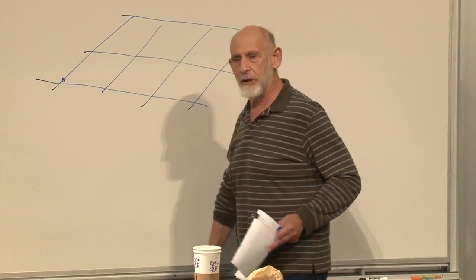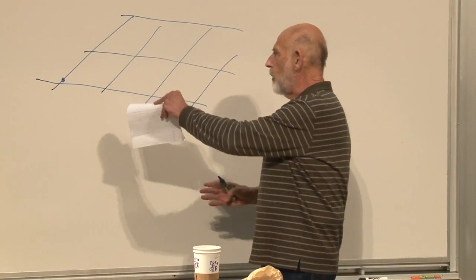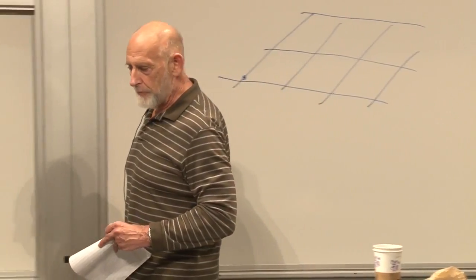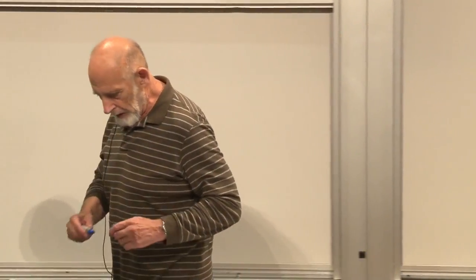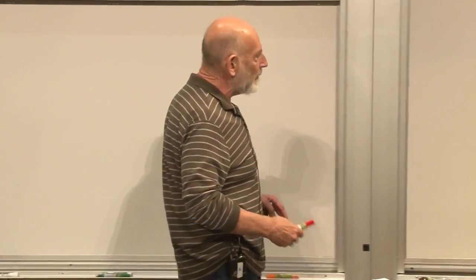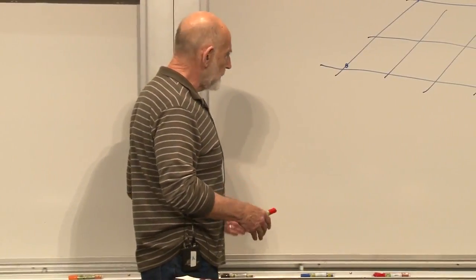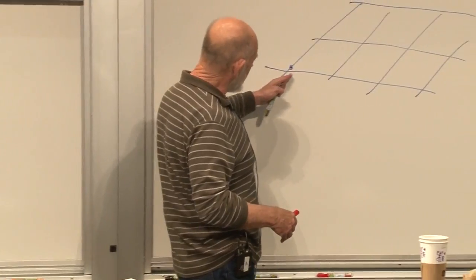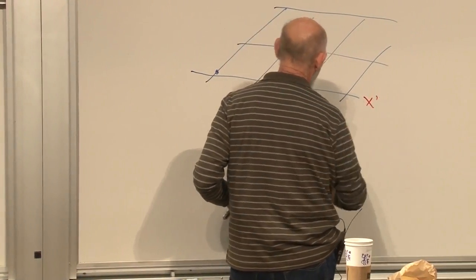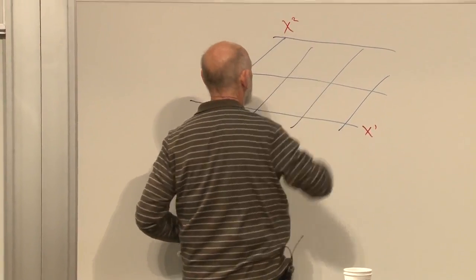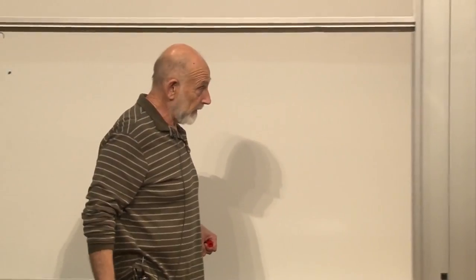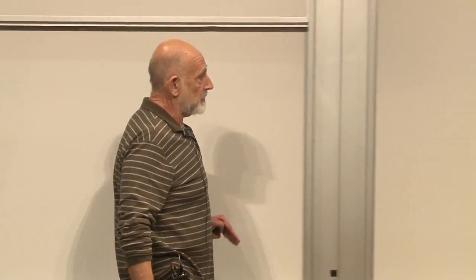I'm mostly interested in the fact that the coordinate axes may not be perpendicular, and what the implication of non-perpendicularity is for these coordinates. Let's call this x1, we can call this x2. They could be perpendicular relative to each other, but not necessarily.